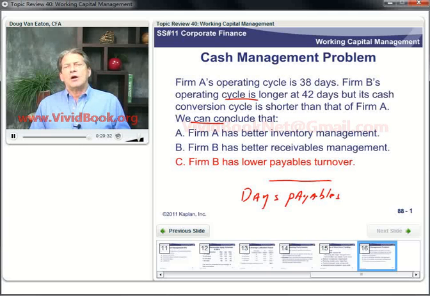So it's got longer days payables, so what does that mean? It's got a lower payables turnover. So don't be surprised if you see questions on the exam that aren't as straightforward as you might think. They'll cause you to think and bring in your understanding and comprehension of various concepts all into one multiple choice question.